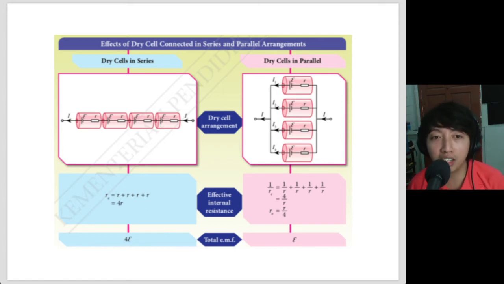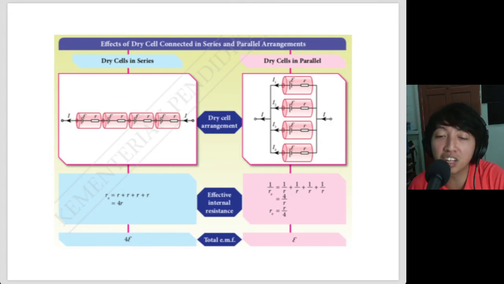When we connect dry cells in series, the total EMF is added up. The way you calculate total EMF is also the same as the way you calculate the voltage. So if you have 4 dry cells in series, your total EMF would be 4 times. So each of the batteries, you add up each one and you get more total voltage or more total EMF.